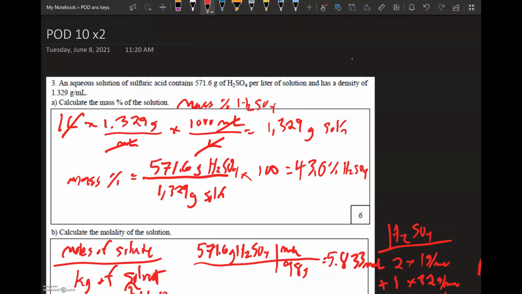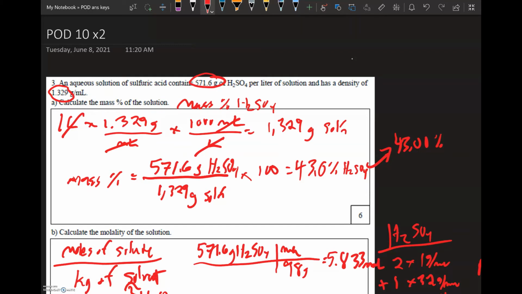Now, significant figures, if we want to go off sig figs, we would need to have 4 sig figs for our final answer. So that would be 43.00%. Now, if you're asking, well, how do you know how many sig figs you're supposed to have? I look at the information that's given to us here, and both numbers that are given to us have 4 significant figures.